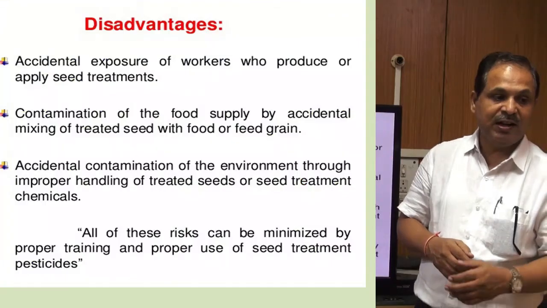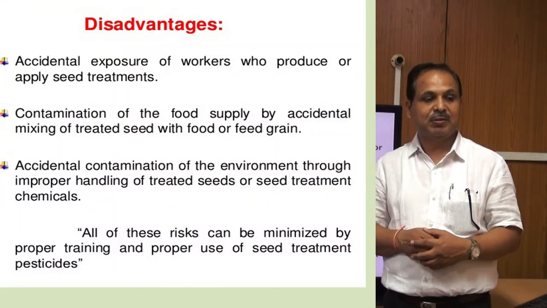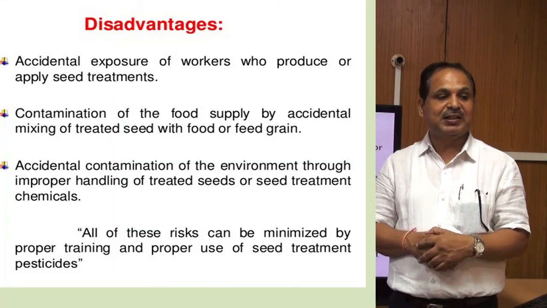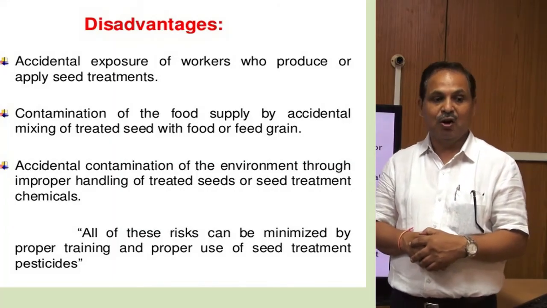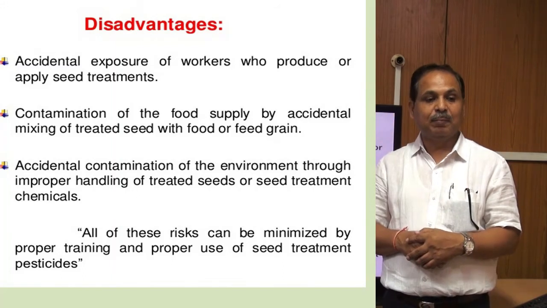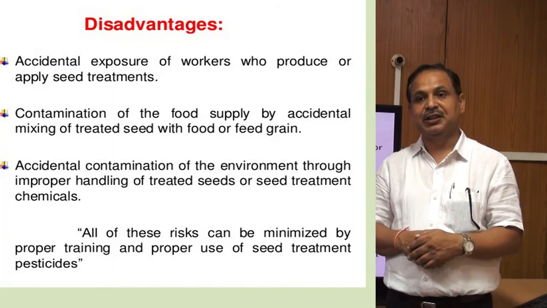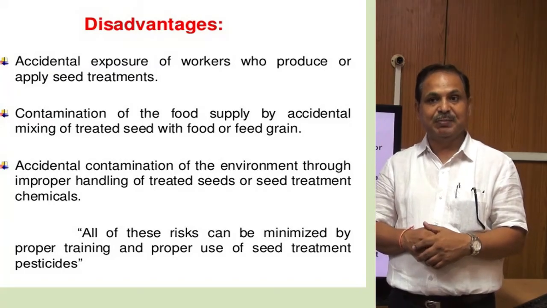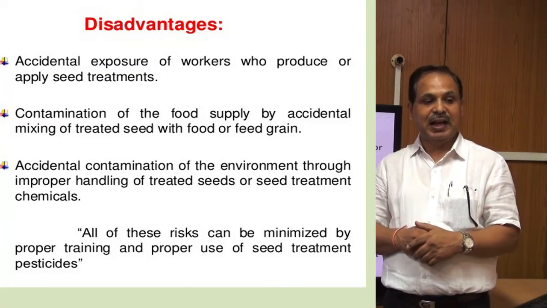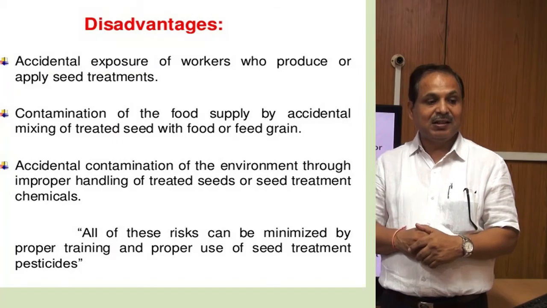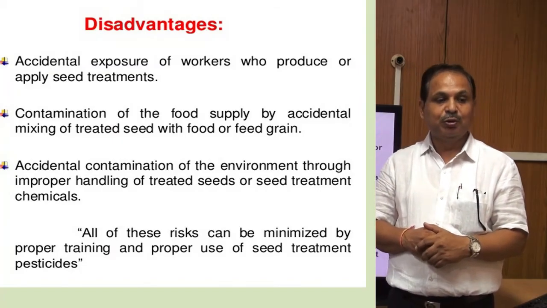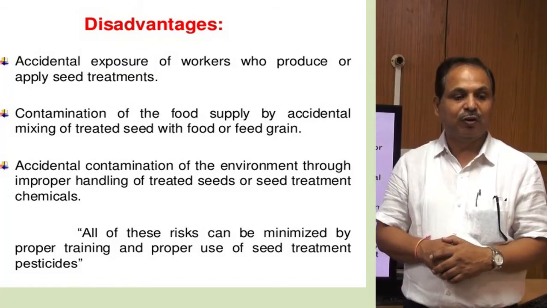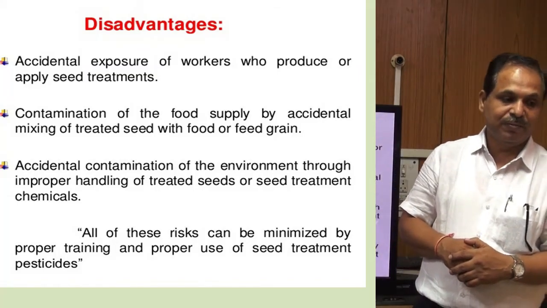Some of the disadvantages, side by side. There may be chances of accidental exposure of the workers who are producing or applying the seed treatments. Next, contamination of the food supply by accidental mixing of treated seeds with food or feed grain is possible.